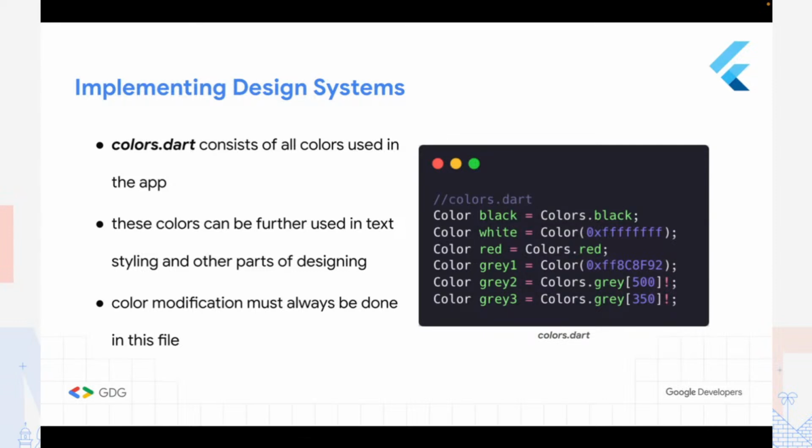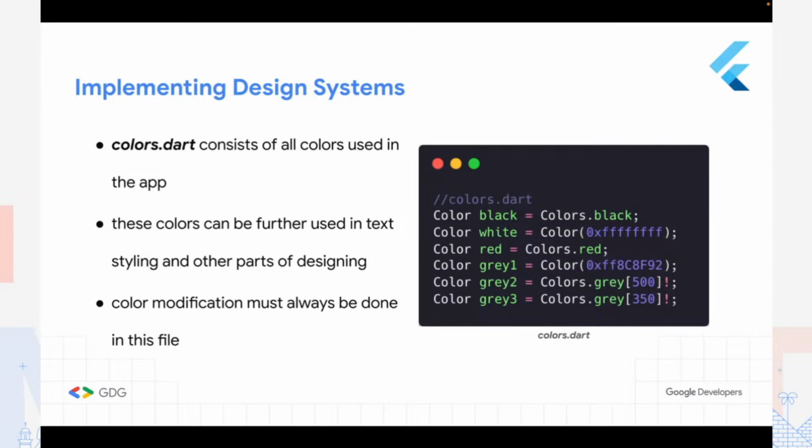You can make it light gray, darker gray, or darkest gray, anything that you wish to call. And this is the place where I will only have color constants and nothing other than colors, just because it becomes easier to navigate back to anything that I want.